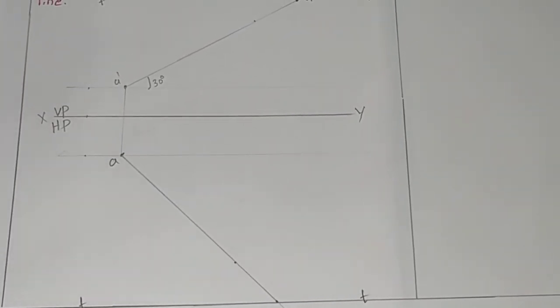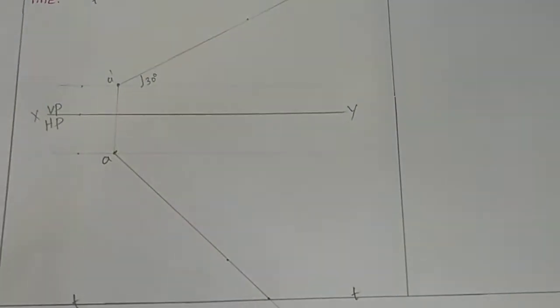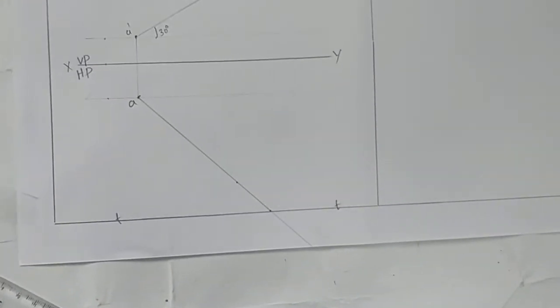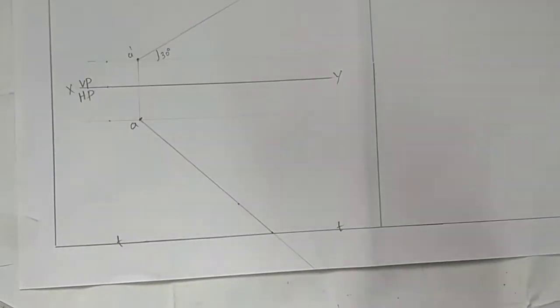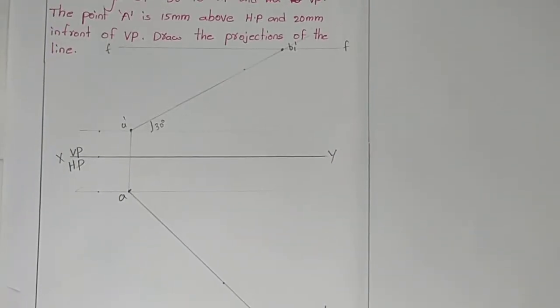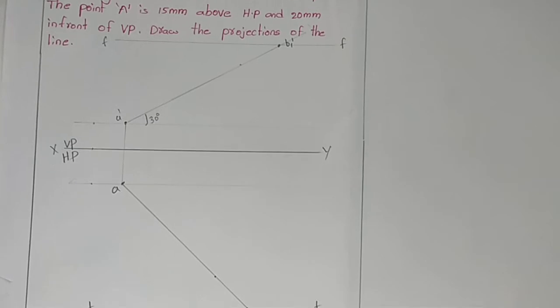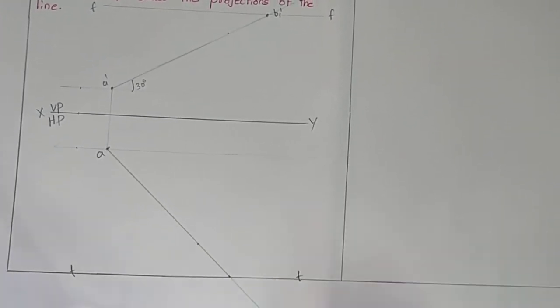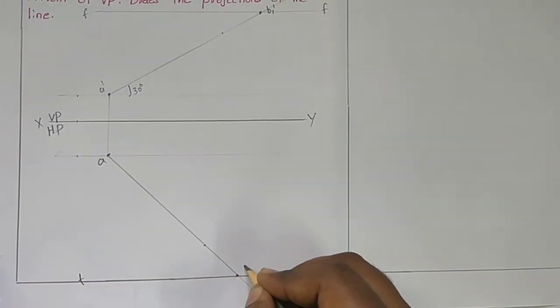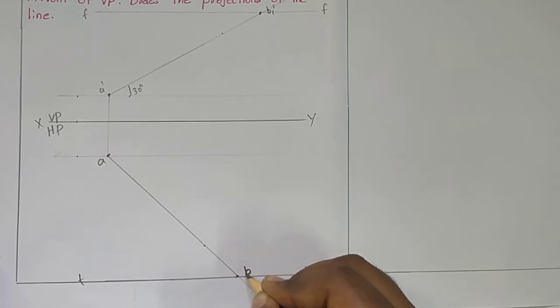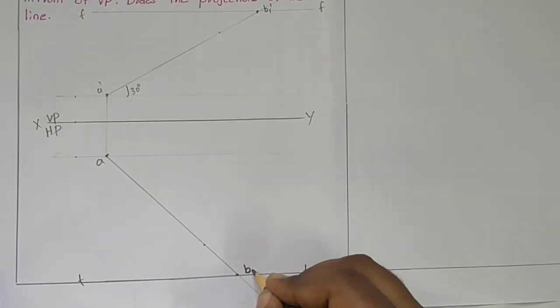Next, we need to draw the projections. It is the point B1 dash and the point B2.